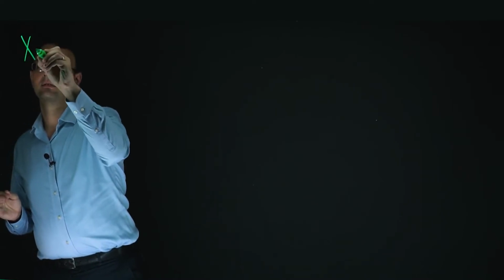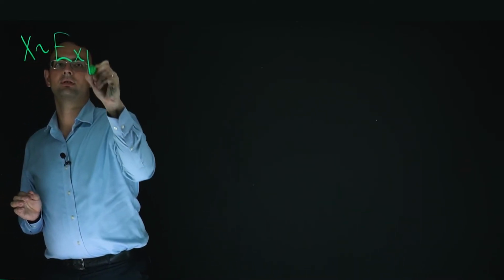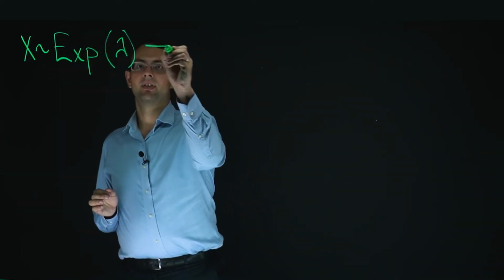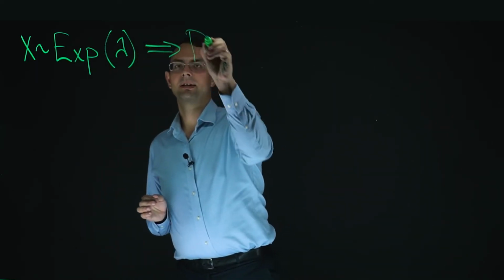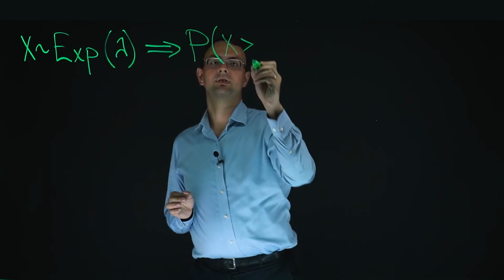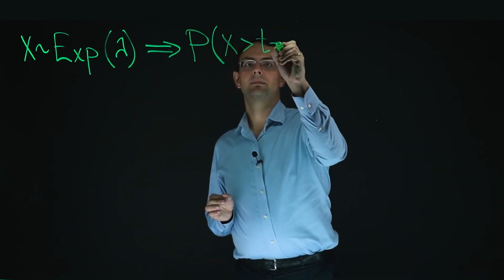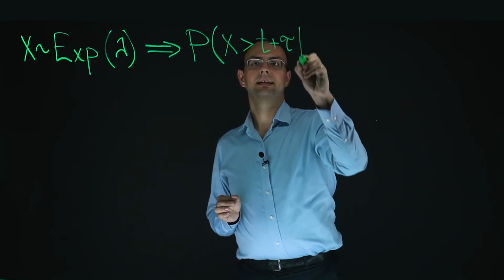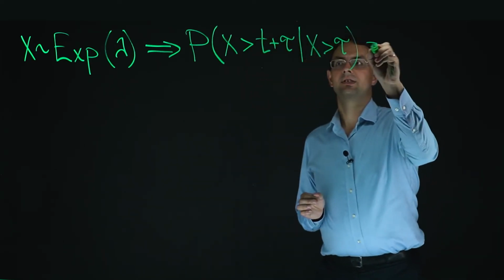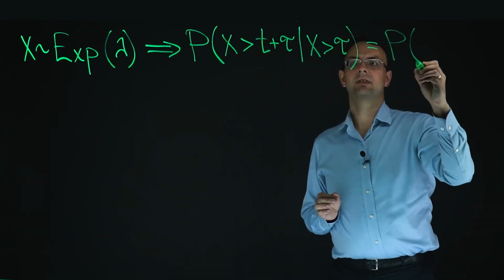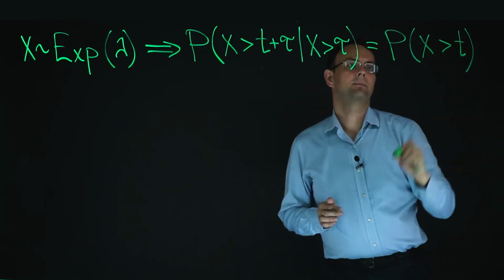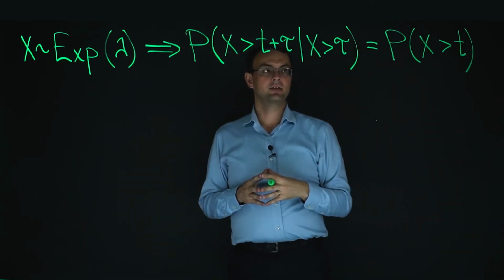If x has exponential distribution with some parameter lambda, then probability that x is more than t plus tau, given that x is more than tau, is equal to the probability that x is more than t.